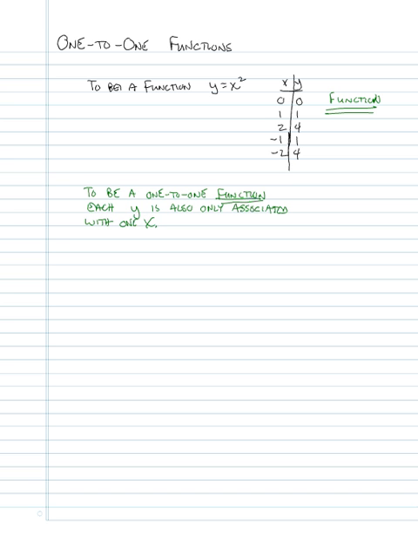And so you can see in this function above, for y equal x squared, just as we saw, if I look at 2 comma 4 and negative 2 comma 4, the same y is associated with two different x's.